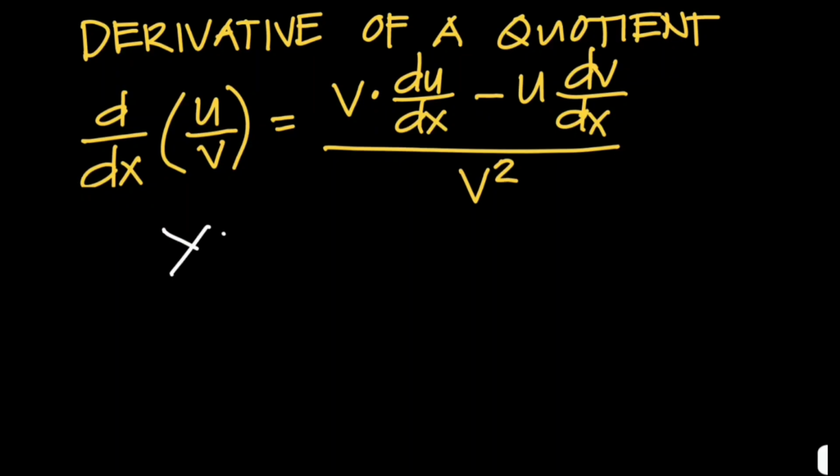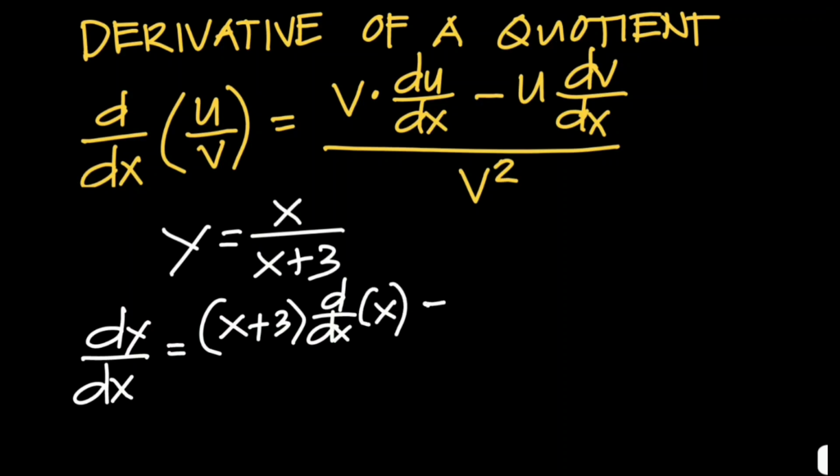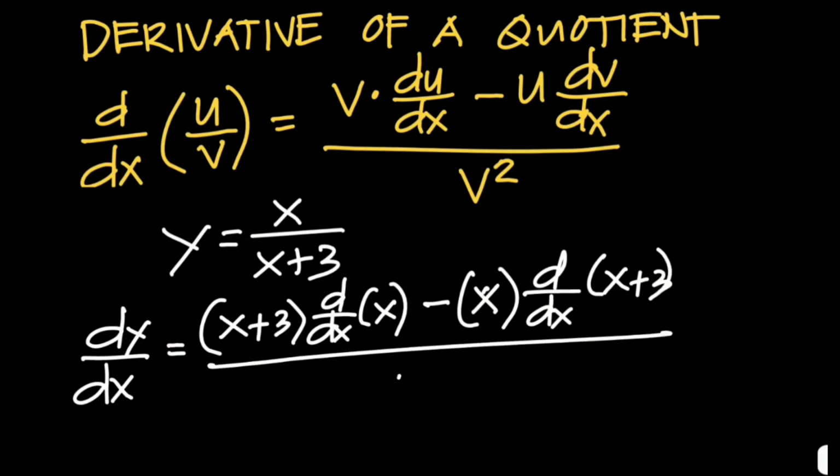Now let's say we're given this function y equals x over x plus 3. Then we get the derivative of y with respect to x. So that is v, which is x plus 3, times the derivative of u, which is x, minus u, that is x, times the derivative of v, which is x plus 3, all over the square of v, or x plus 3 squared.